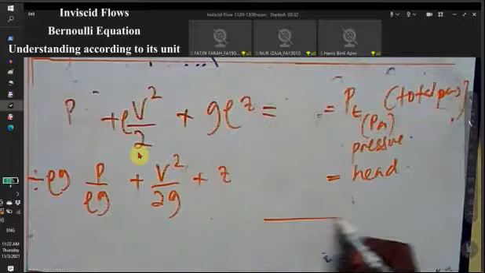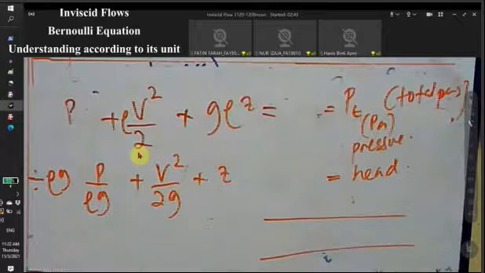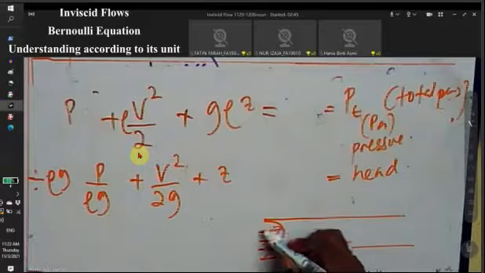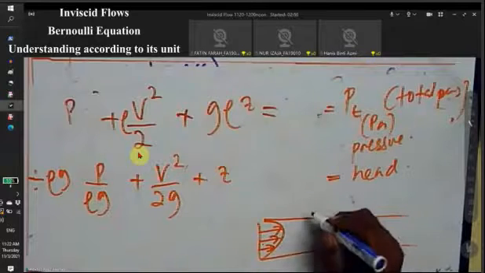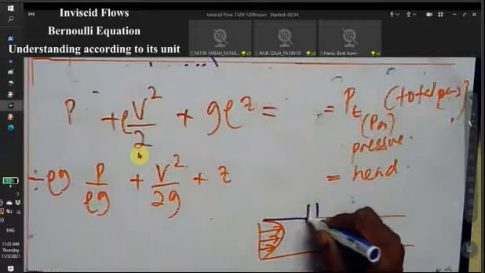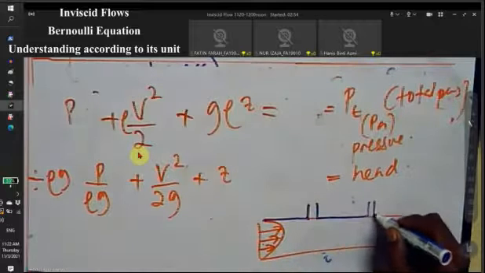So if we consider previously the pipe flow, this is a velocity distribution, and then we have the orifice there, a pressure orifice, and we connect the tube.